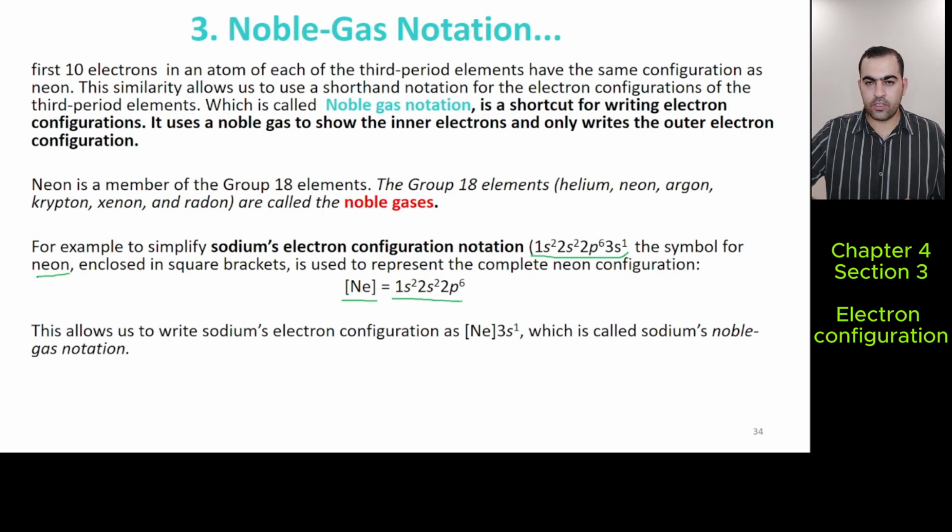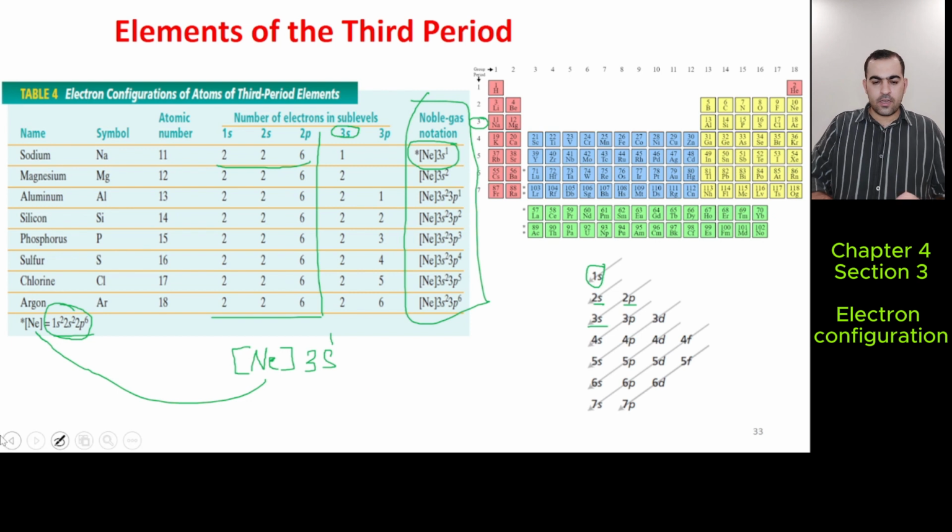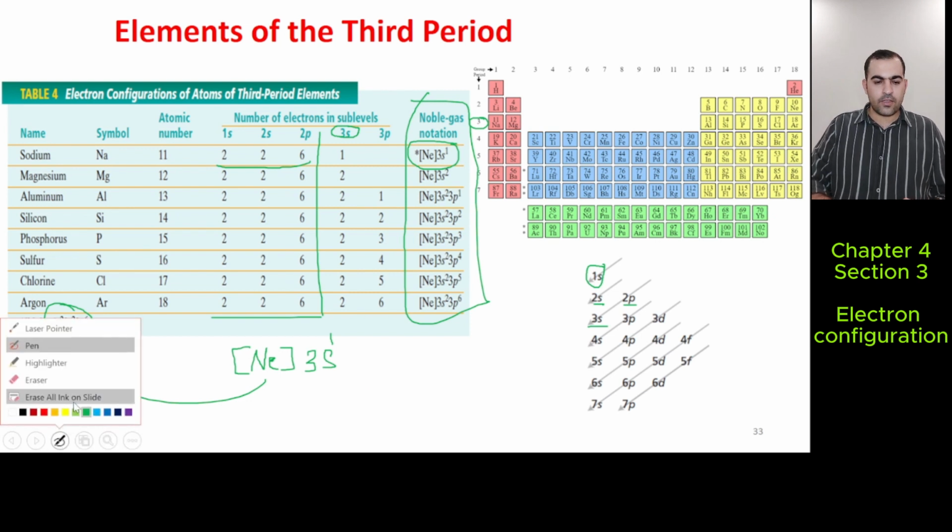So this allows us to write sodium's electron configuration as Ne 3s1, because up to here is the electron configuration of neon. I use the symbol in a square bracket, then write what's left. So it's like that, and likewise for the others.